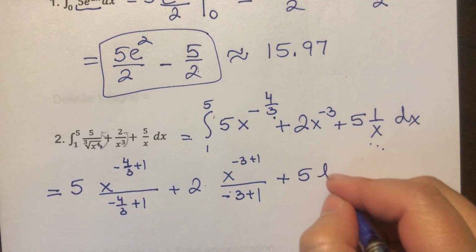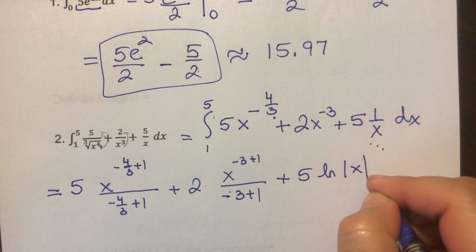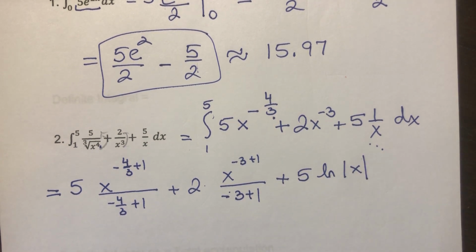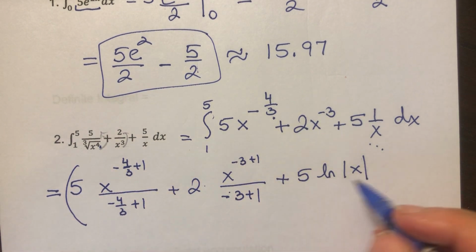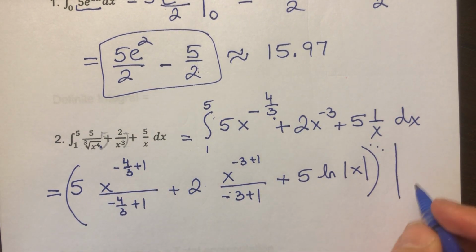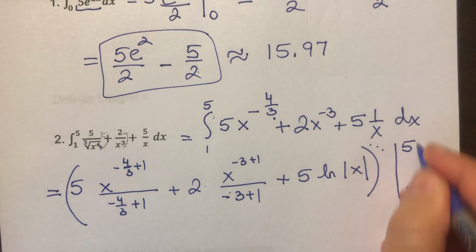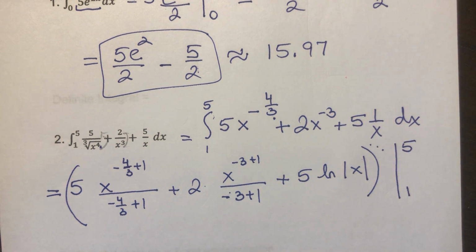Well, that's a special case. The antiderivative of 1 over x is ln of x. Okay, so I'm already done. I found my antiderivative. Now I have to plug in 1 and plug in 5.